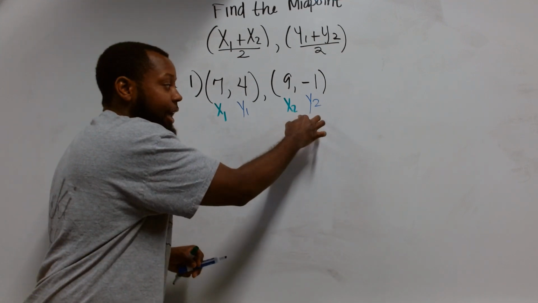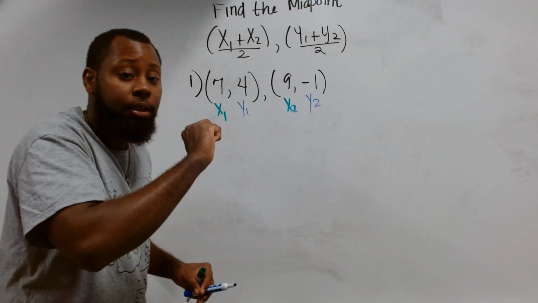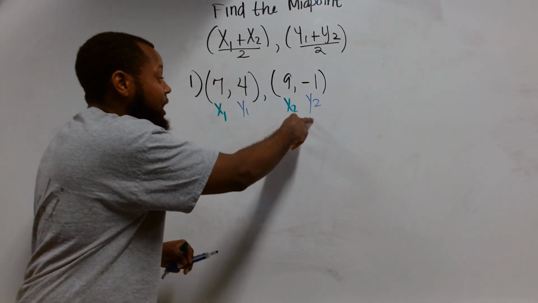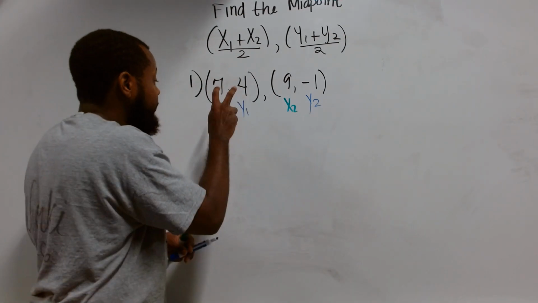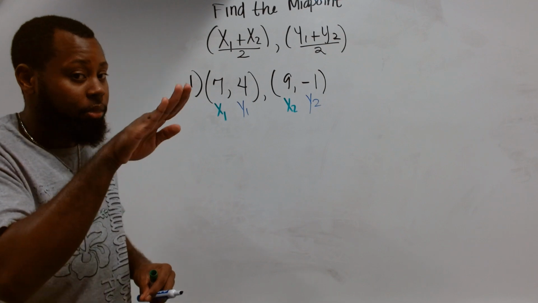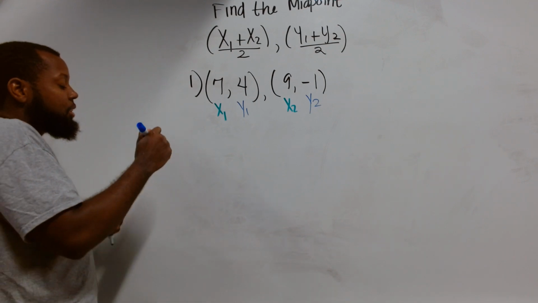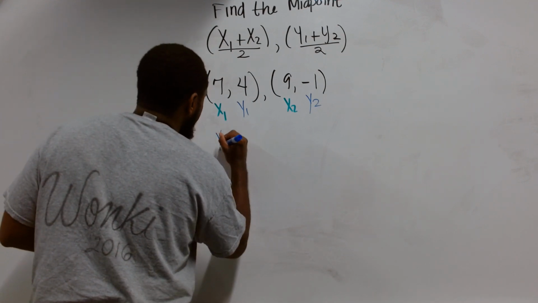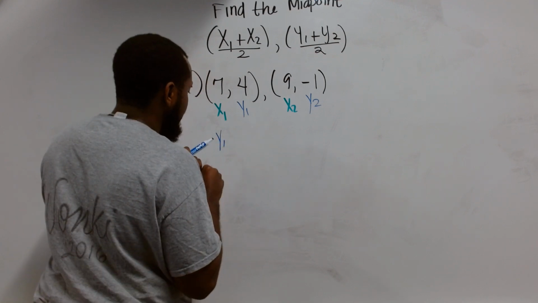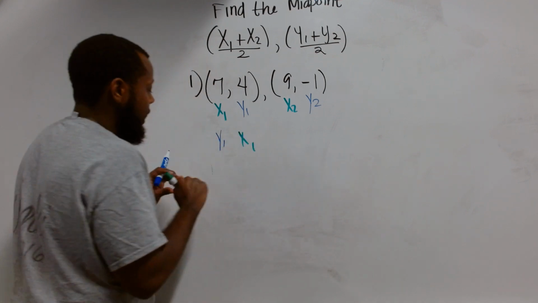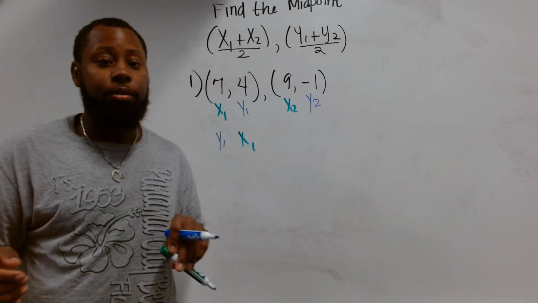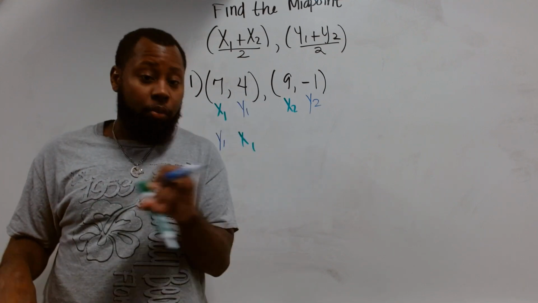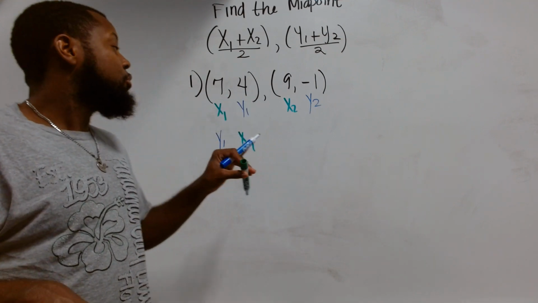So these two should not ever have a 1 next to it, because if it's in the second place, it should have a 2. If it's in the first place, it should have a 1. Understand that. Another mistake students make, they do y and then they do x. Never, when I taught, are we ever going to do y then x?